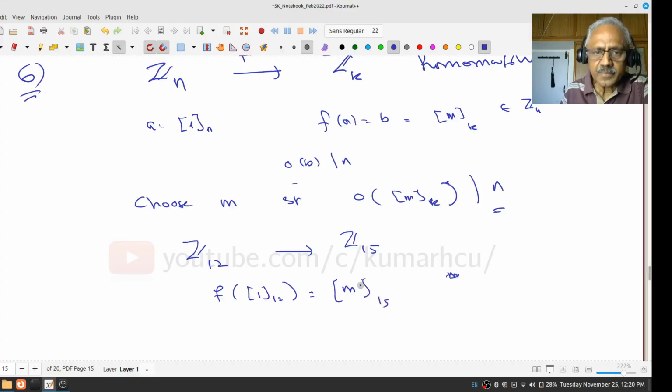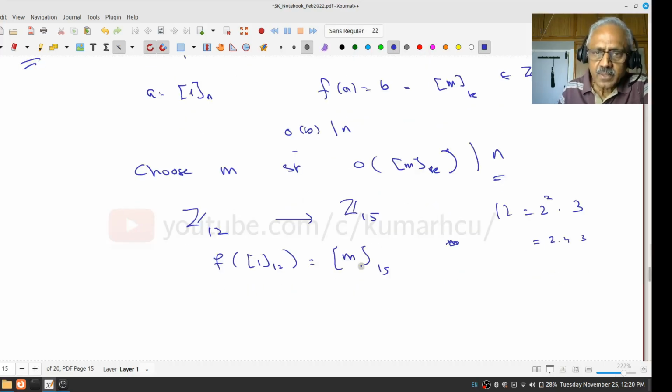The order of m. See, what are the divisors of 12? 12 is 2 squared into 3. Therefore, divisors are 2, 4 and 3, and hence all the properties. Are you following? Now, therefore, I have to find an element whose order is either 2, 4 or 3, etc. So, what is the possible thing?